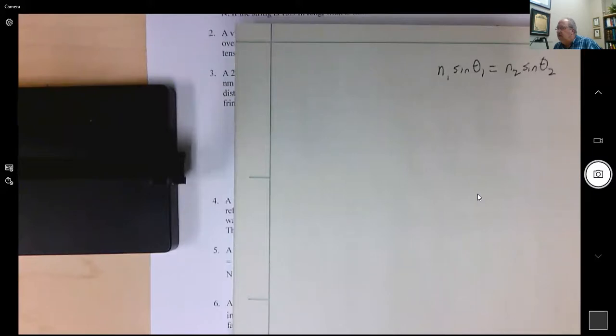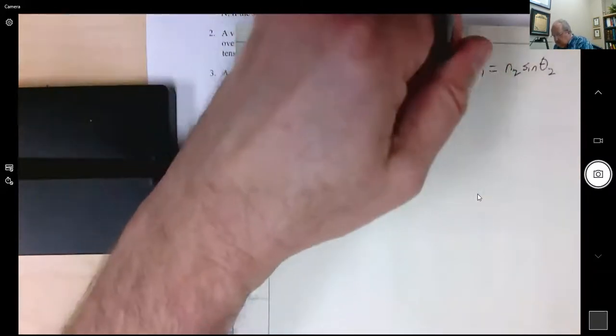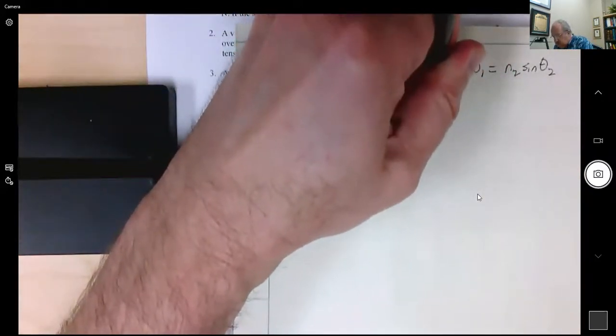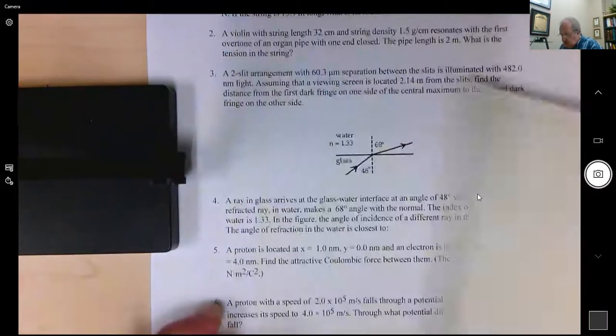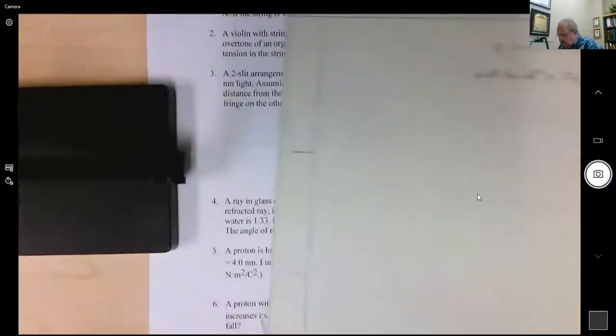Okay, so in the first instance, we're given both angles. We know for water, we have 1.33, and our angle in the water is 68 degrees. We don't know the index of refraction of the glass, but we know that the angle there is 48 degrees.